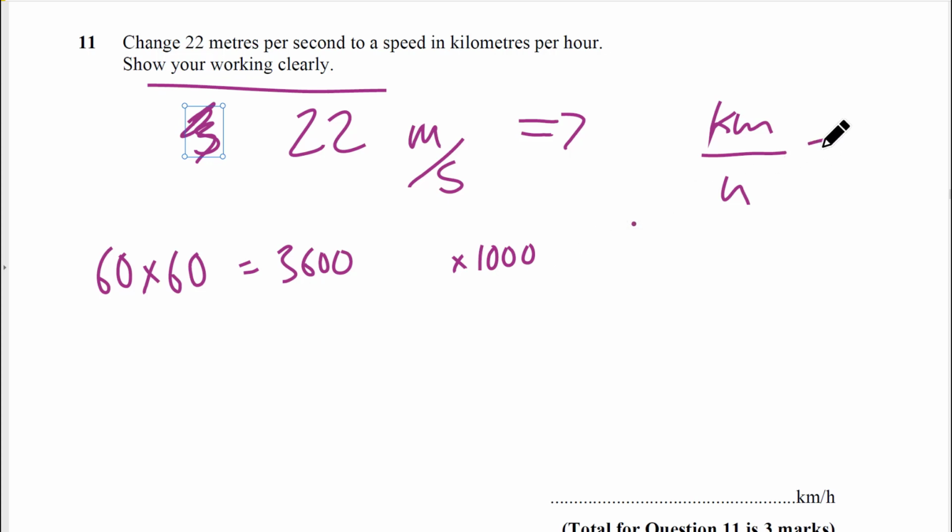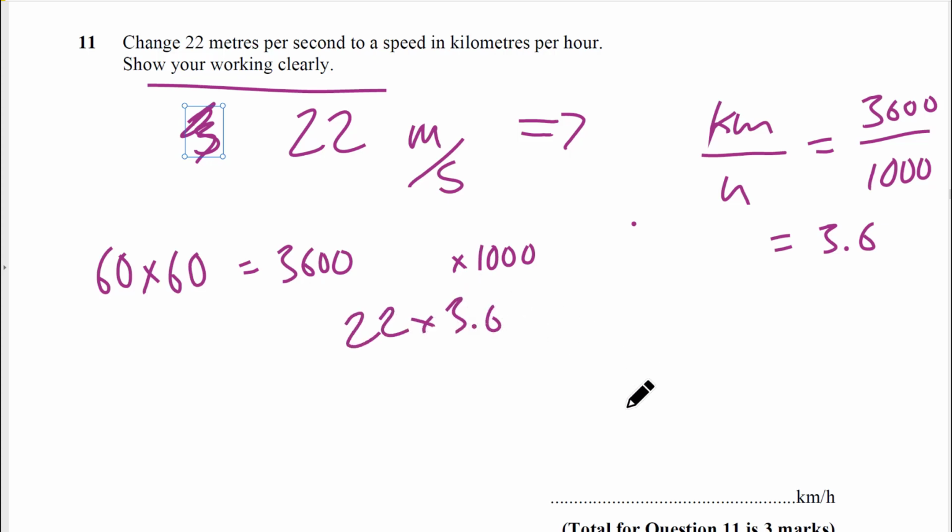So this here would become 3,600 divided by 1,000, and that's 3.6. So essentially that's just going to be 22 times 3.6, which is going to give us 79.2.